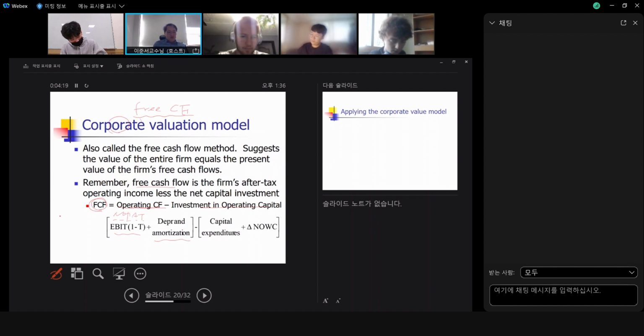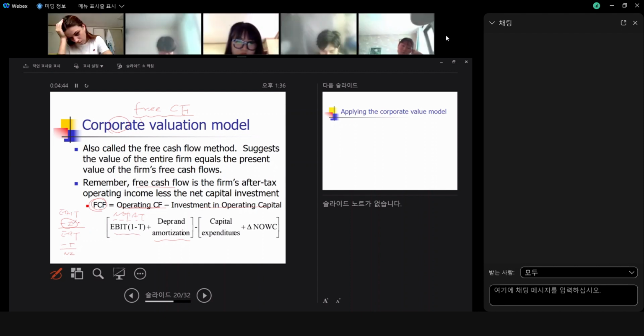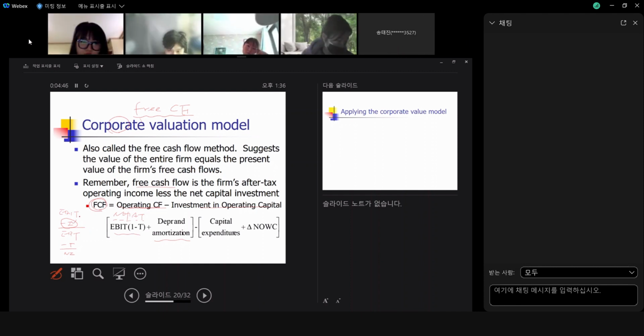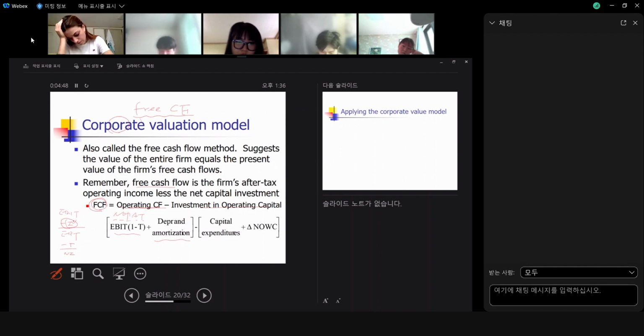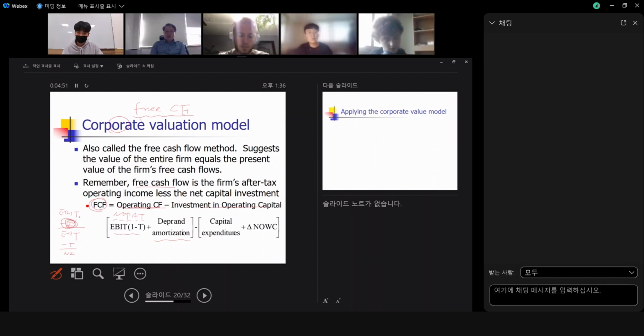Generally, to reach the net income, EBIT minus interest is EBT, and if we pay the tax, that's net income, right? But from the point of cash flow, we don't have to consider interest, because interest plays a role as the financing cost, and the financing cost is reflected in the denominator, used as the discount rate, to get the present value.